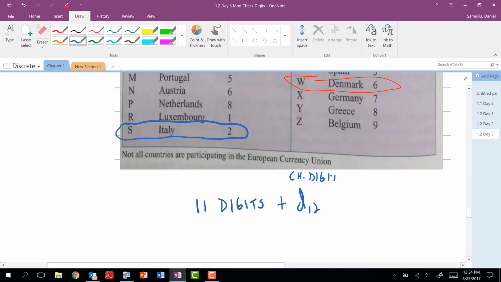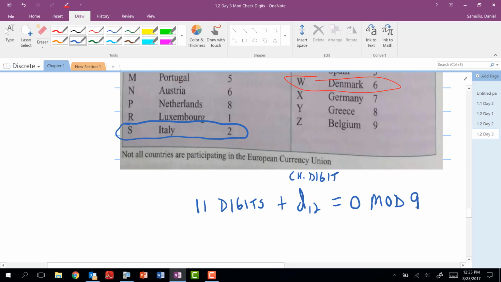But here's what's unique with the Euro system. And again, I'm just sharing with you what, according to the book done in 2004, the Euro banknote scheme is. It's not a mod 9 scheme. So you don't take mod 9 of the 11 digits and then put that answer there. What the Euro banknote system is, is that the total is equal to 0 mod 9. So again, they made a decision. I'm just the informant.